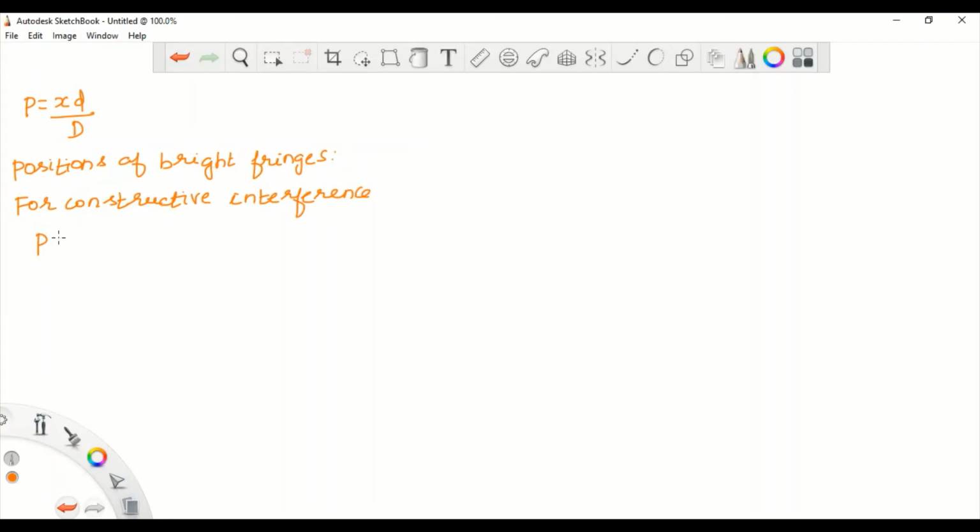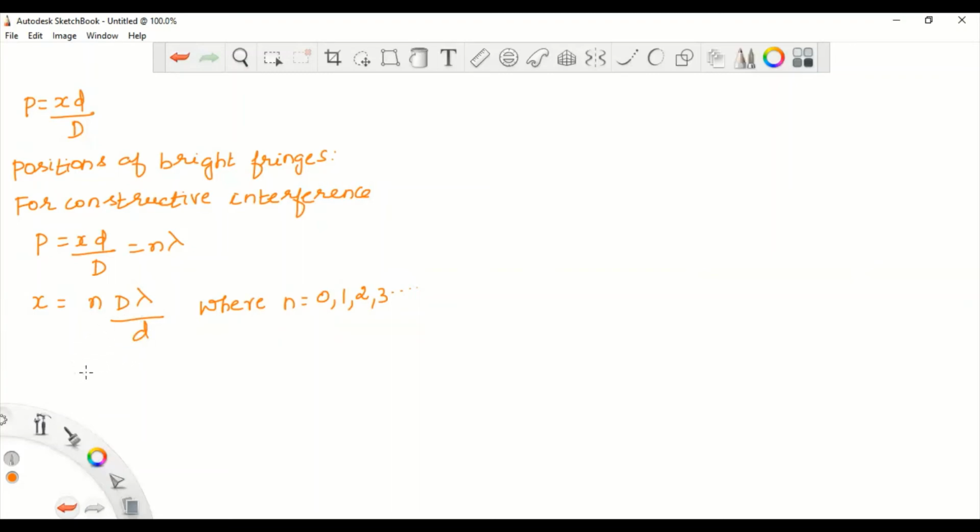So here xd by D is equal to n lambda, or else x is equal to n D lambda divided by small d, where n is equal to 0, 1, 2, 3, etc. So till the nth fringe you can find this.